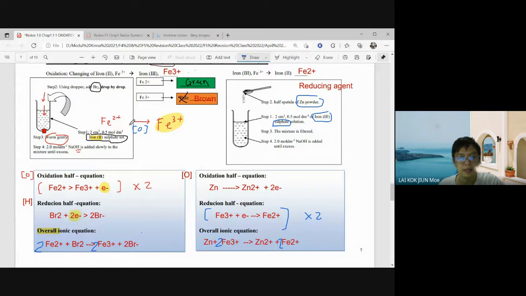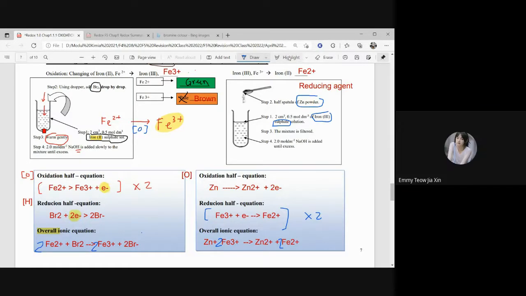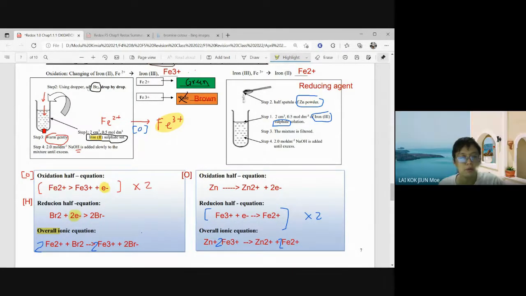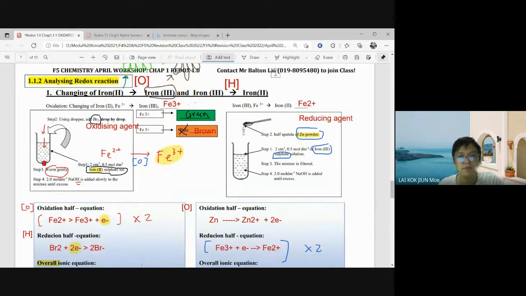To answer such questions, you have to know very well which one is the oxidizing agent, which one is the reducing agent. If I see zinc powder, I know it is a reducing agent. If I see bromine, I know it is an oxidizing agent. So when you know it very well, you can solve the question very fast. You will be very confident writing the answer.